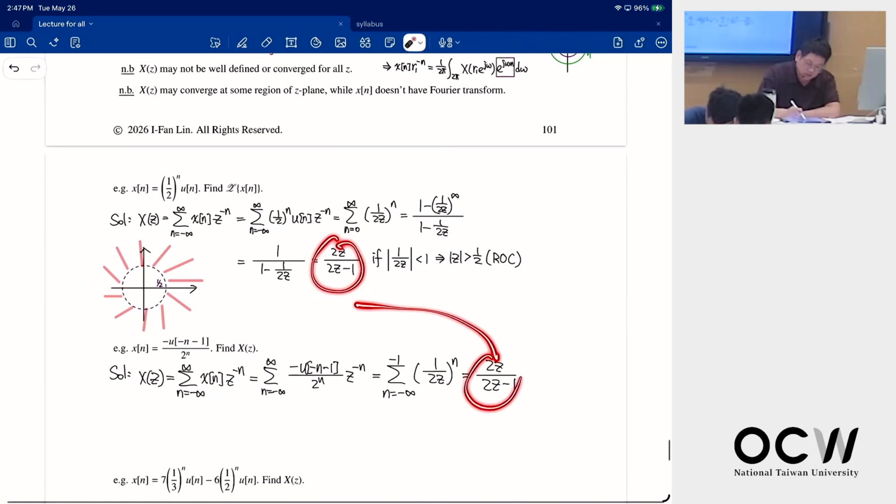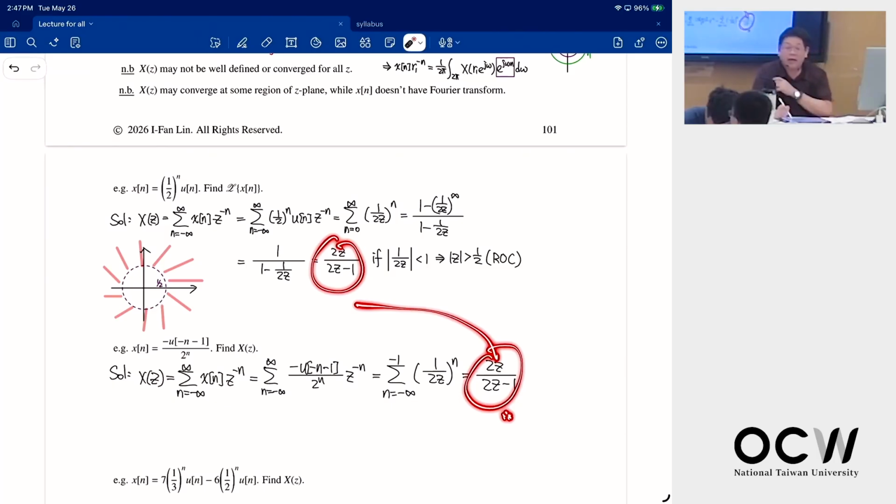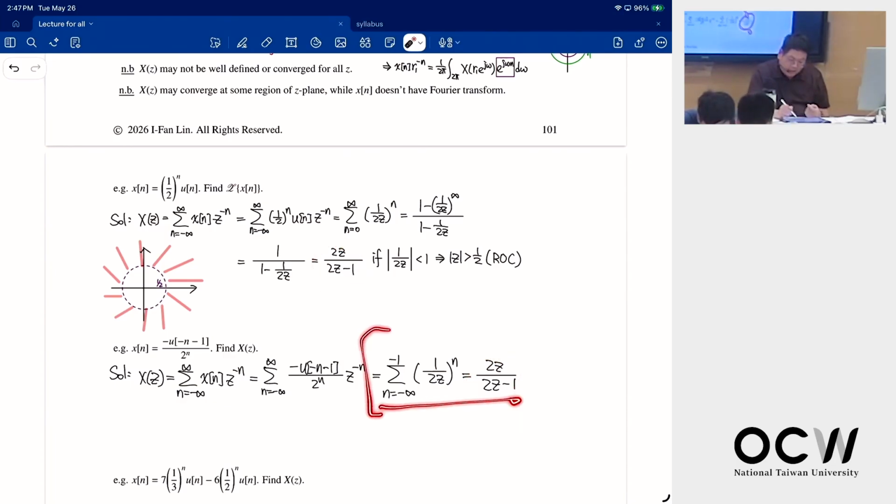So you can see that I have the same Z transform, but you should know that the region of convergence should be different, right? When will this hold? When the ratio 1 over 2z is greater than 1.